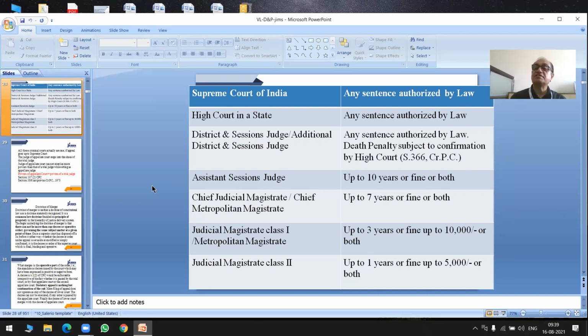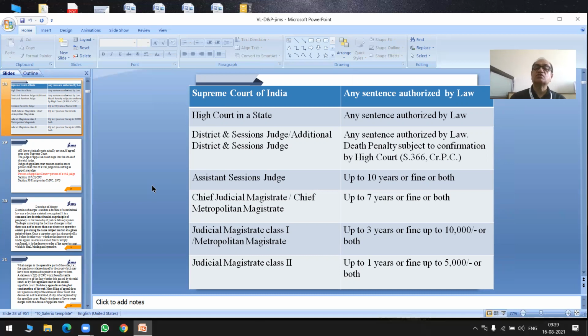So district and session judges, a post from which I retired, I superannuated. I was authorized to pass any sentence authorized by law, but death penalty is subject to confirmation by the High Court. As a district judge, I cannot impose a final death penalty. I can award death penalty, but the file has to be sent to the High Court for its confirmation, in accordance with section 366 of CrPC.